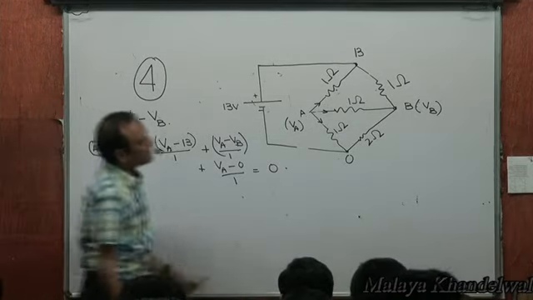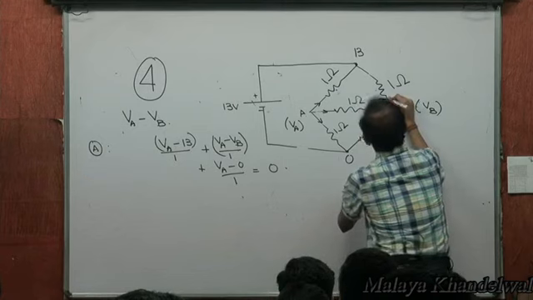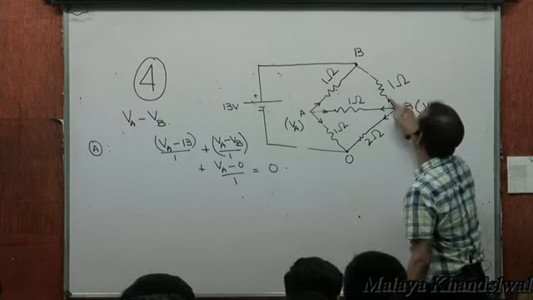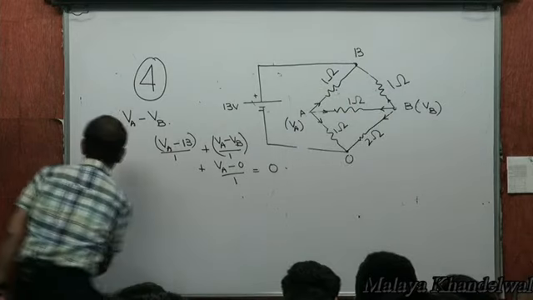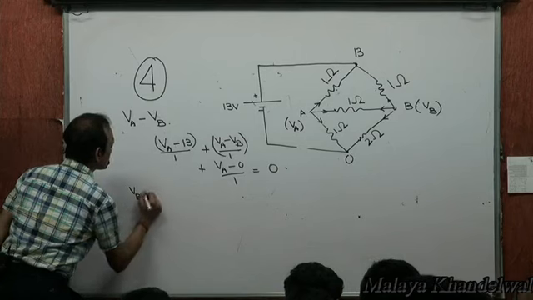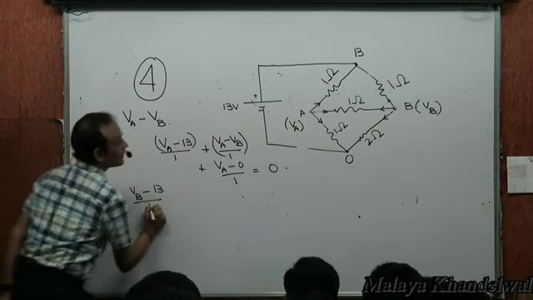Right? Same thing we can do for junction B. This plus this algebraically must add up to 0. So this is VB minus 13 divided by 1, right?